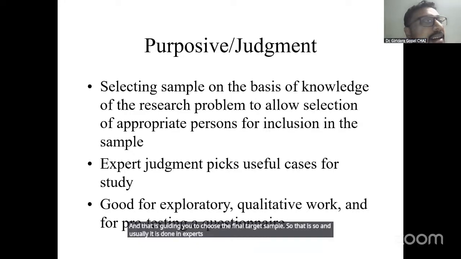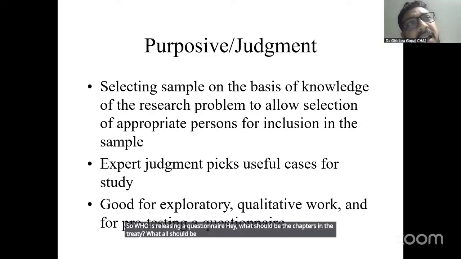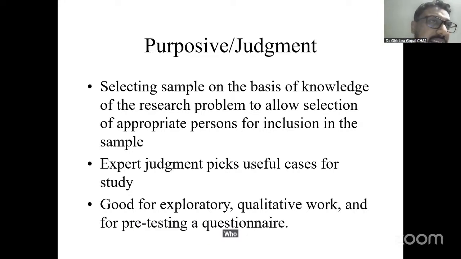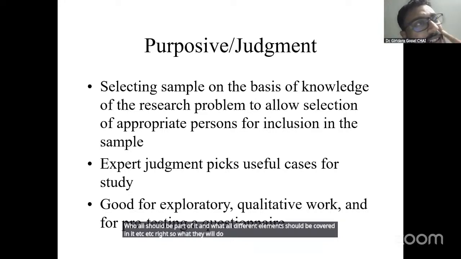It is usually done in high-level meetings. Let me give a thought: let's say there is a pandemic preparedness treaty that's going to be coming. So WHO is releasing a questionnaire. What should be the chapters in the treaty? What all should be there in it? Who all should be part of it? And what different elements should be covered in it, etc.? What they will do is, internally they know, okay, these 20, 30 experts are there.